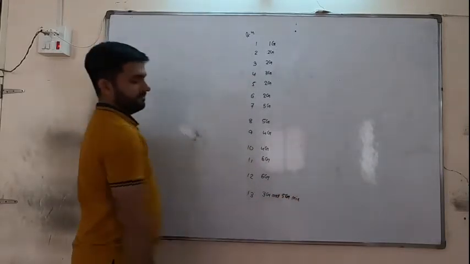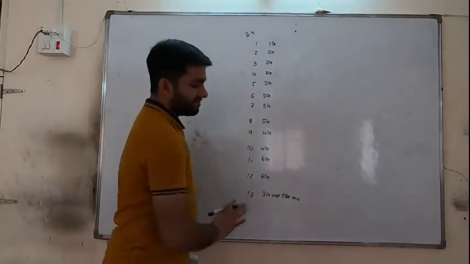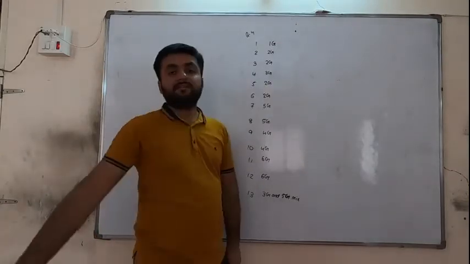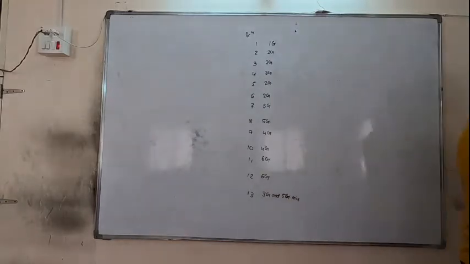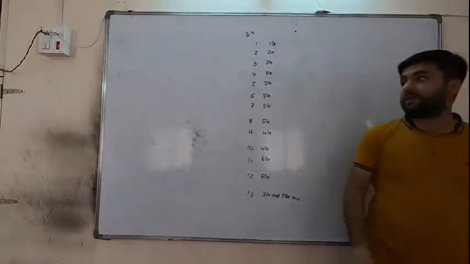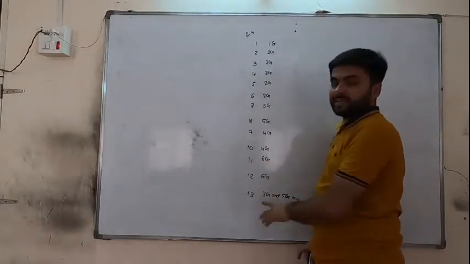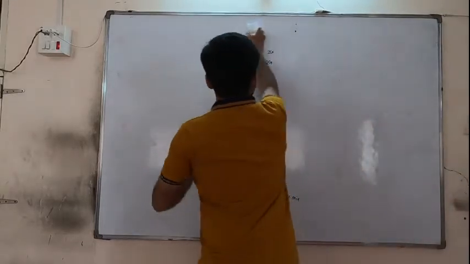So these are the 13 sums. Now we are doing the first sum. Write in your textbook near the sum number which case is of which sum.